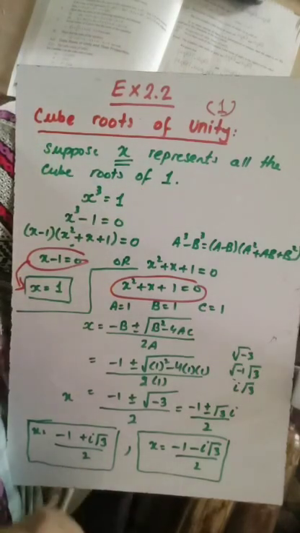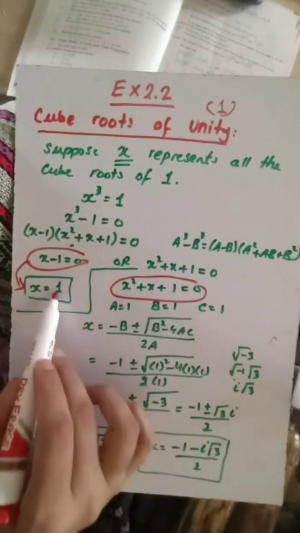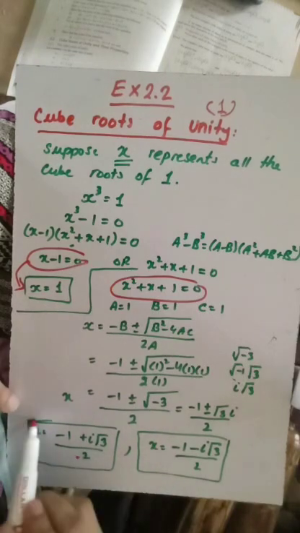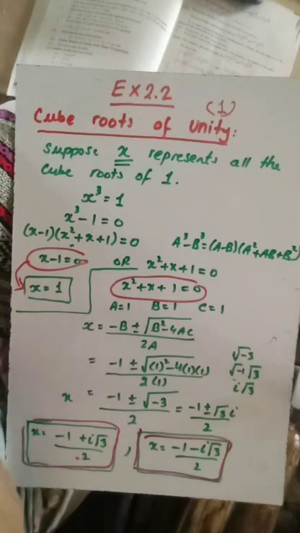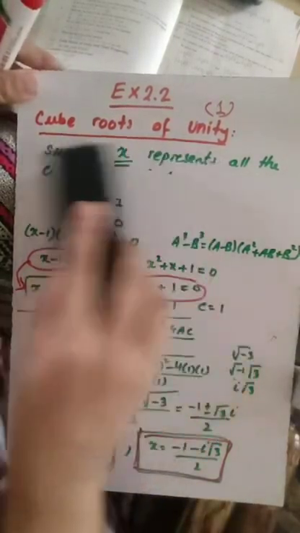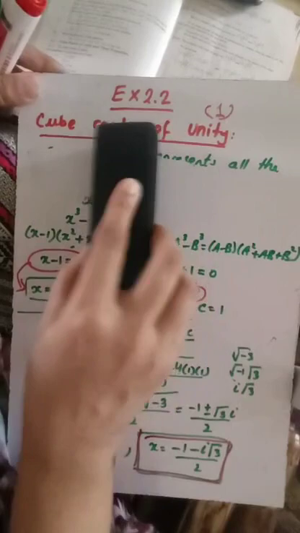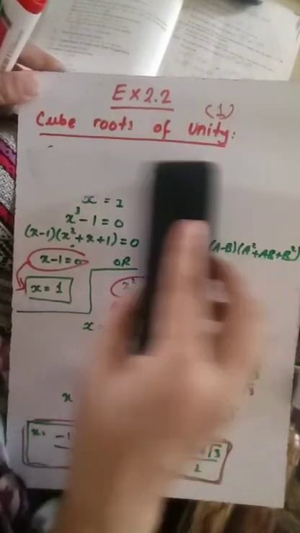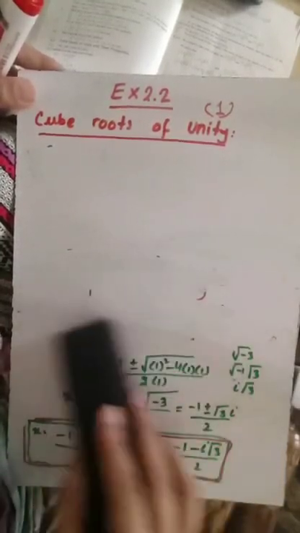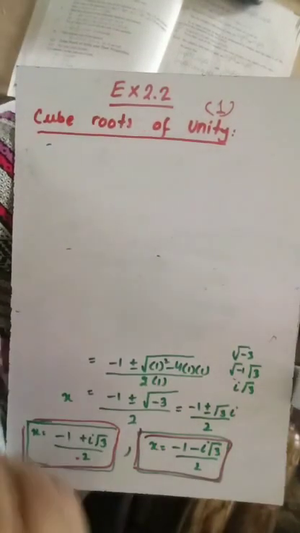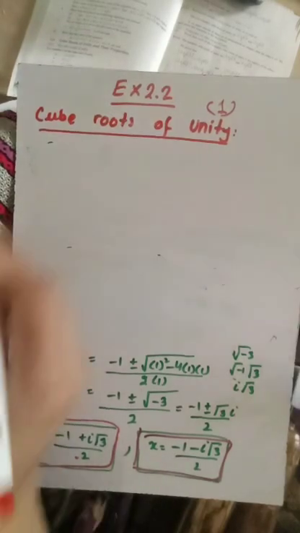These are the three cube roots: 1, this and this. Let me write them here, and now we are going to use their properties. There are a few properties which we will learn, and we will use them to solve different questions in the exercise.